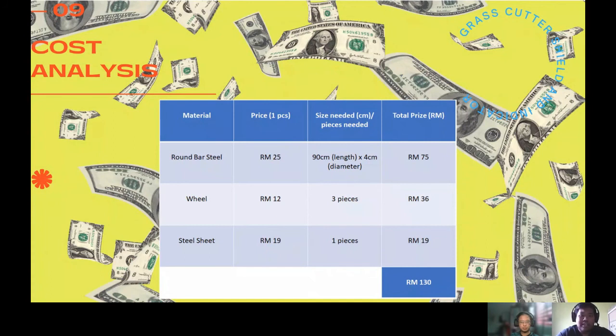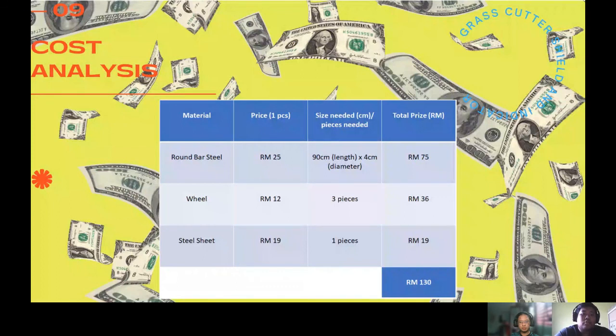For one piece that has a length of 30 centimeters and a diameter of 4 centimeters, the price is 25 ringgit. And the size needed for this project is 90 centimeters in length and 4 centimeters in diameter. So the total price of the round bar steel is 75 ringgit.